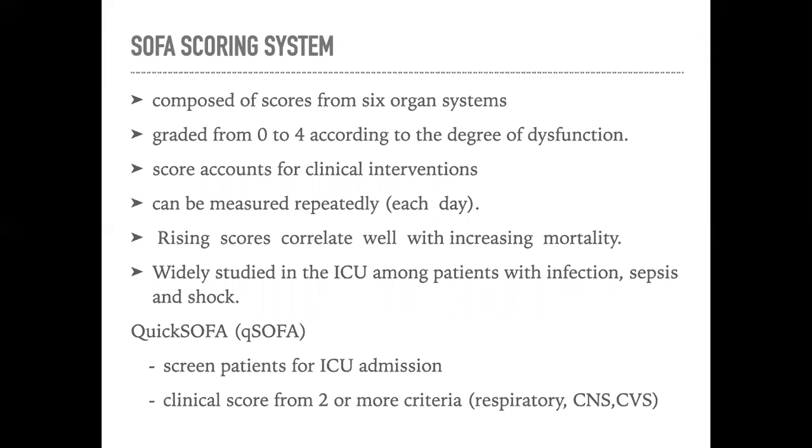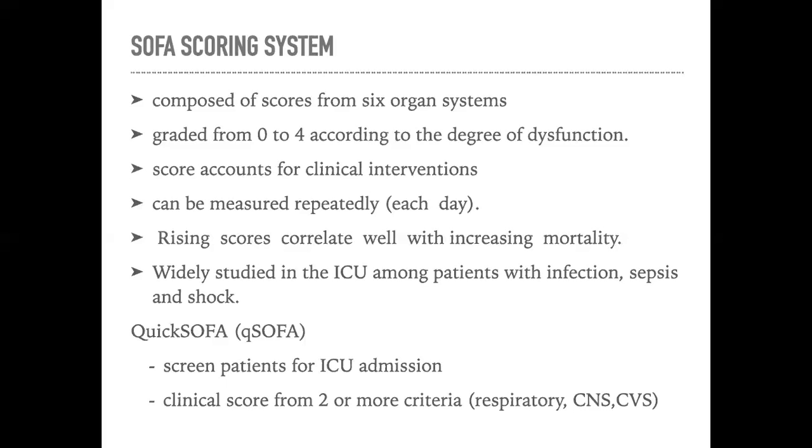So the SOFA score has been used extensively among patients with infection, sepsis, and shock. There's a shortcut to the SOFA score, and they call that the quick SOFA, wherein you just assess 2 or more of the organ systems.